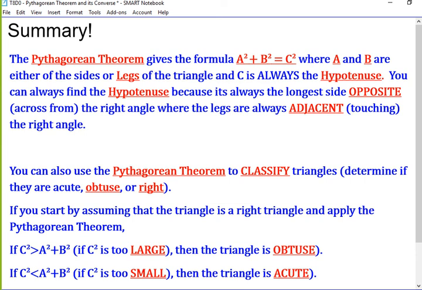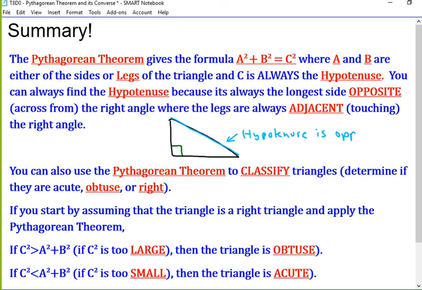Okay, and so if you have a right triangle, and you know where the right angle is, the hypotenuse should always be opposite, not touching. Okay, so the hypotenuse is opposite of the right angle. Opposite means not touching.